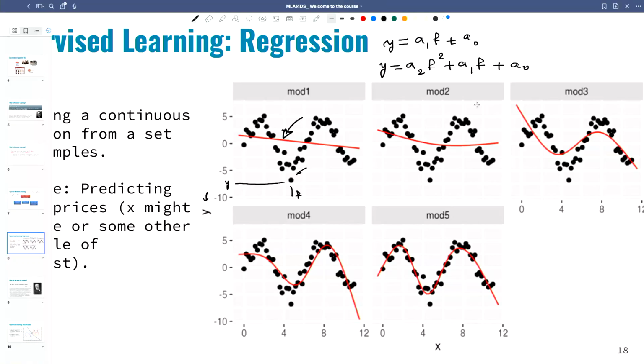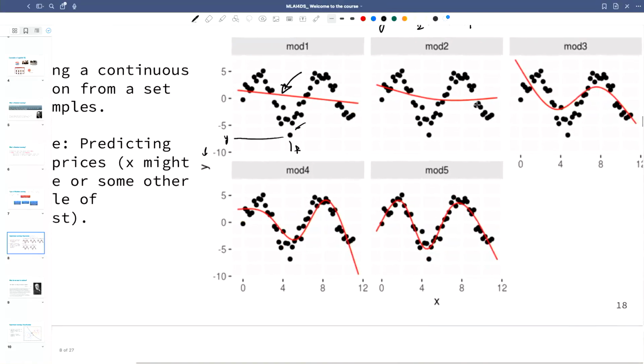The branch of machine learning that deals with this problem is called model selection, okay? But as I said, there is no right or wrong model. Some models are more useful than other models because they provide better insight.